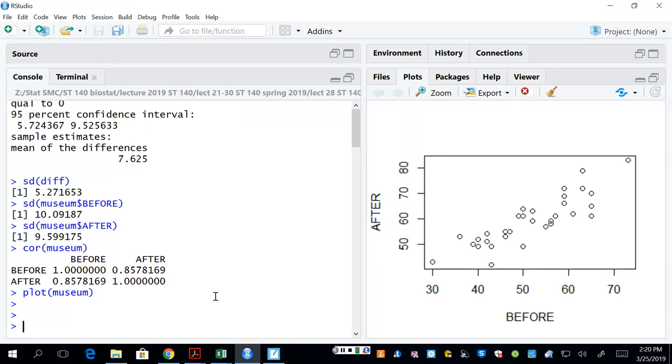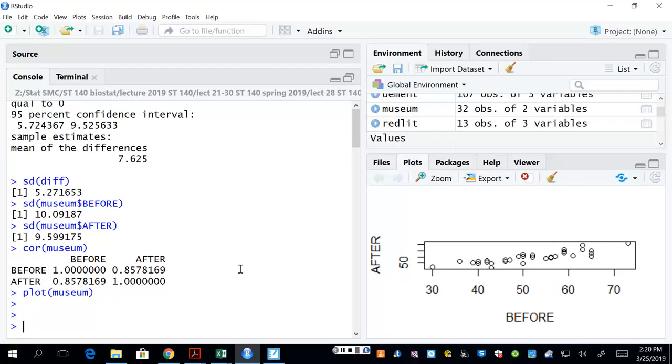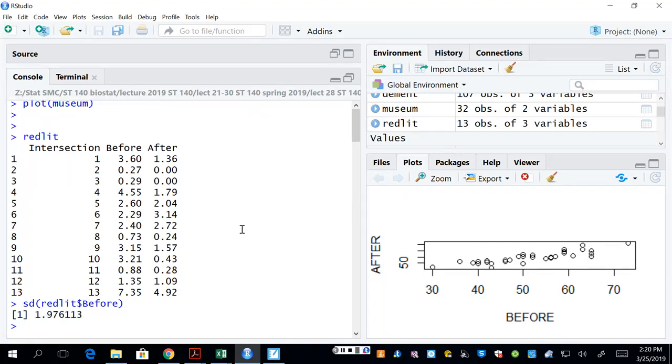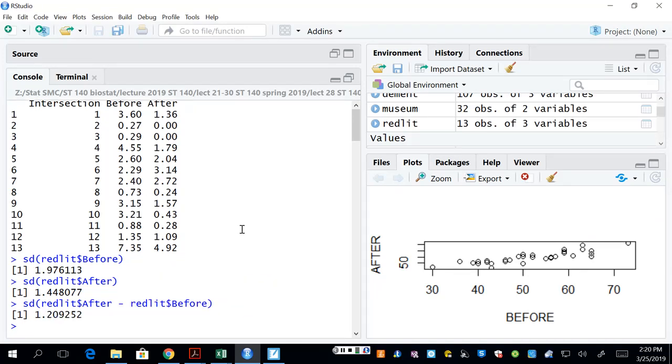In the other example, from the traffic lights, what was that called up here? The red light data. The intersections before and after: the standard deviation of the red light before is 2, and similar after. If you take the before minus after difference, well, it's a little bit smaller.